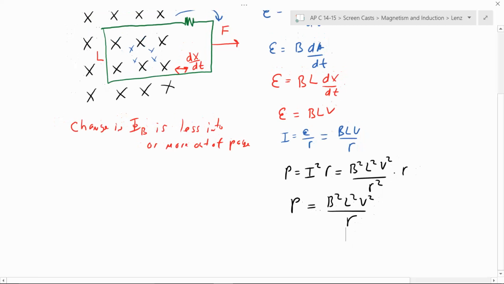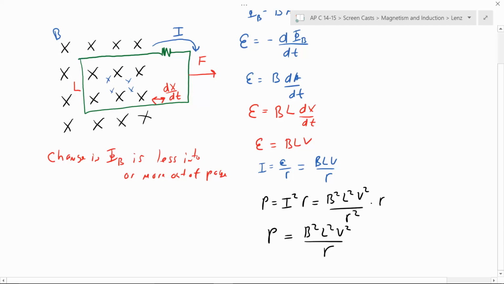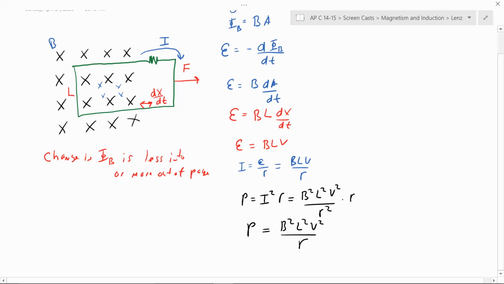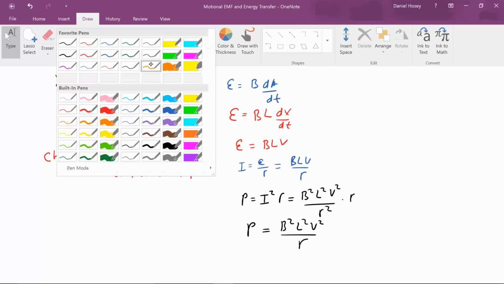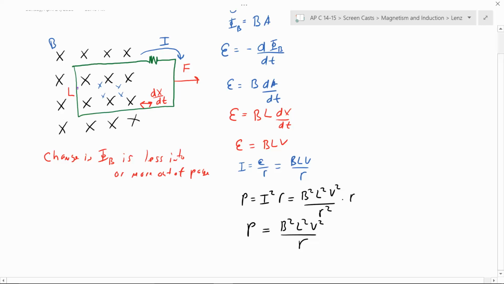Now, where's that energy coming from? It's coming from you pulling. Assuming you're pulling at a constant speed, you're pulling it to the right. There's also going to be a magnetic force. Let's see, what's a good color to use? How about purple? That's going to be equal and pulling it to the left.